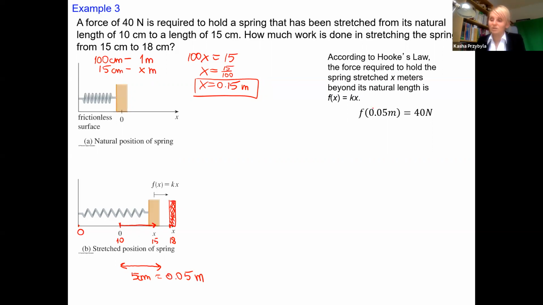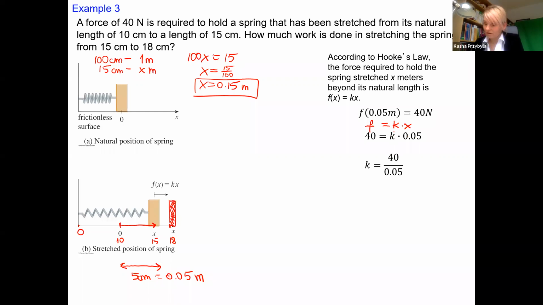So when the distance is 5 centimeters, 0.05 meters, the force required is 40 newtons. I can say my force is kx, that means force is 40, k is k, x is 0.05. Having this equation, I can calculate the coefficient k from the Hooke's law formula.